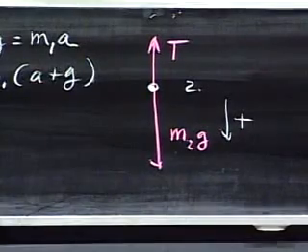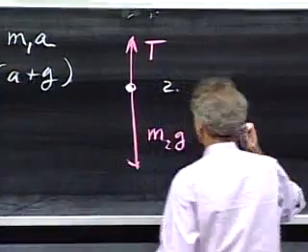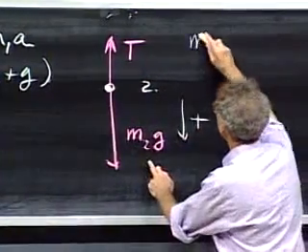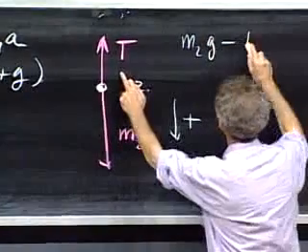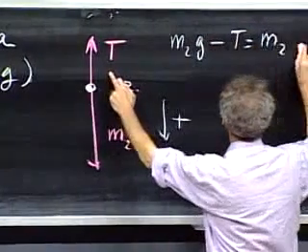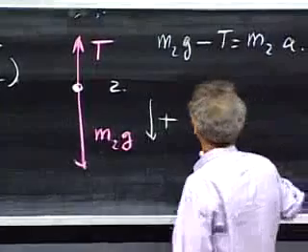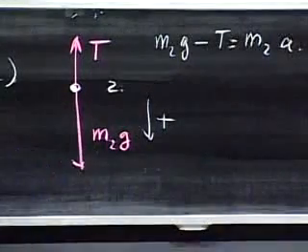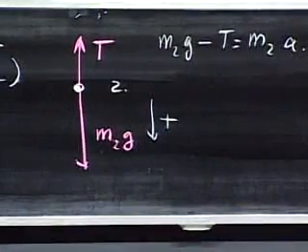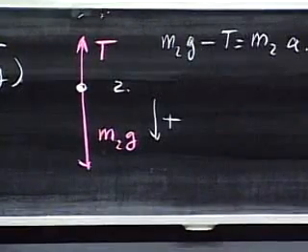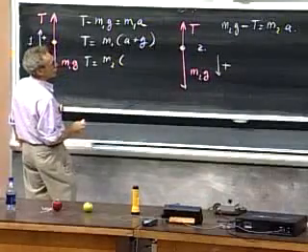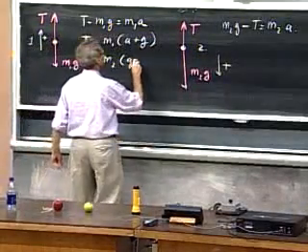So I flip the signs there. So now I apply Newton's law. I get m2g minus T equals m2a. And so I get T, I write it here, equals m2 times (g minus a).